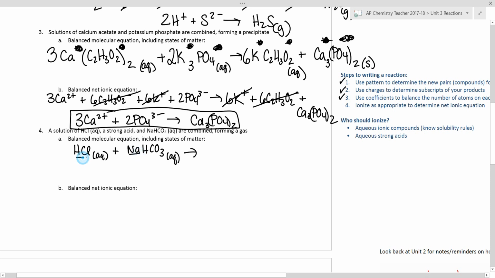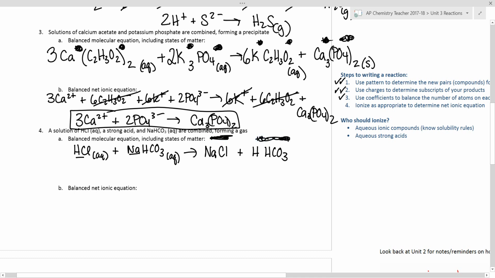My sodium and my hydrogen are going to switch places. So sodium combines with chlorine and hydrogen combines with HCO3. I'm going to look at charges to figure out the subscripts. Sodium's +1, chlorine's -1, so no subscripts there. Hydrogen's +1, bicarbonate's -1, so no subscripts there.